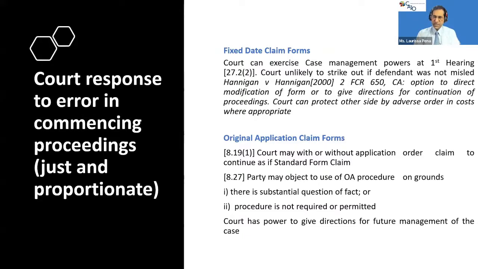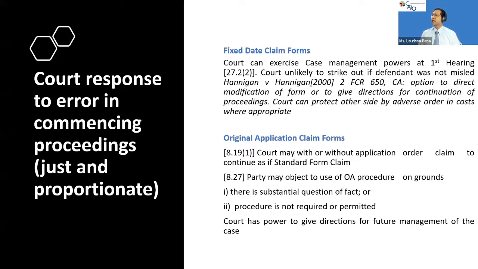If for any reason the claimant commences proceedings using an inappropriate process, it's not necessarily fatal, because at a case management conference, or in the case of both fixed date claim forms and originating applications, at what is called in the rules the first hearing date, the court has certain case management powers. And so it is not likely or usual that a court would strike out these proceedings.